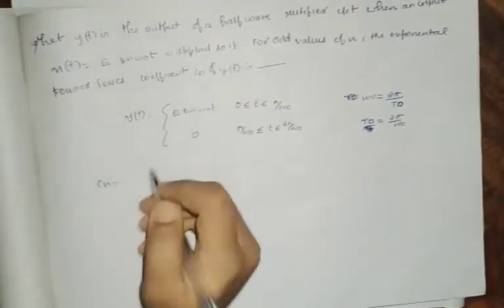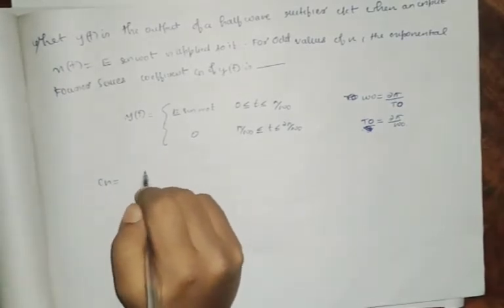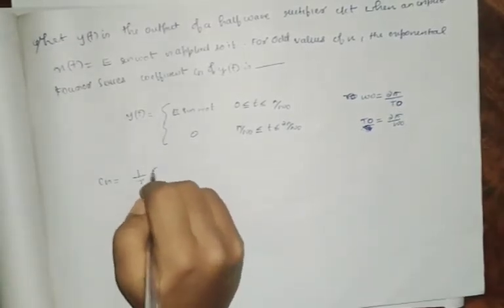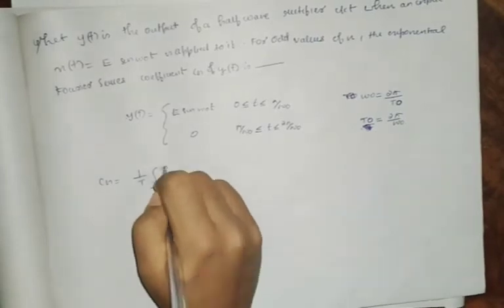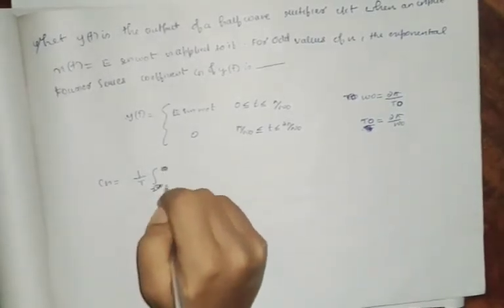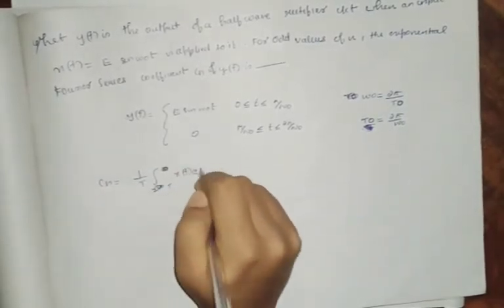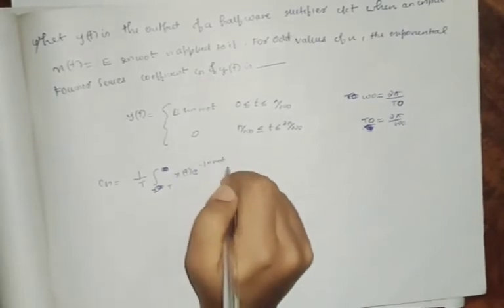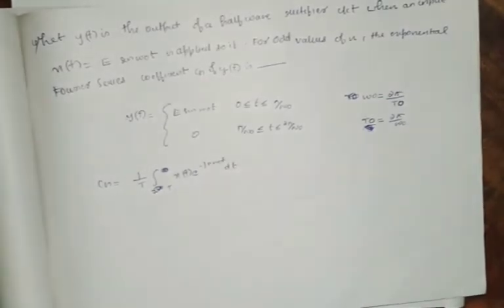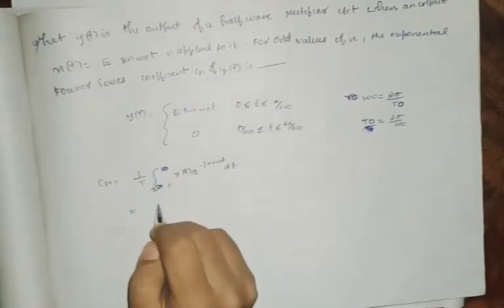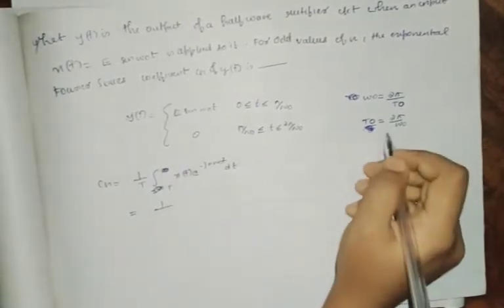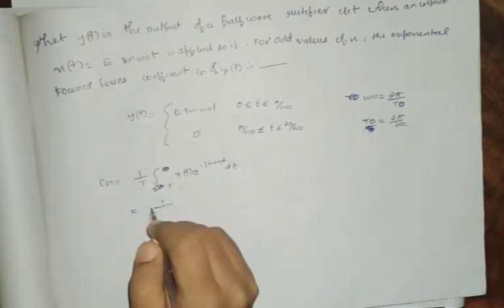Now Cn. Cn, that is the exponential Fourier series. The formula is 1 divided by T, integral over T of x of t e raised to minus j n omega 0 t dt. So here we get 1 divided by, instead of T we have 2 pi by omega 0, right?